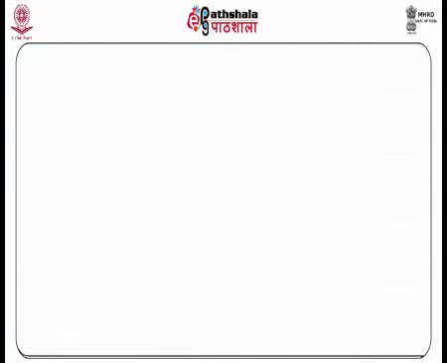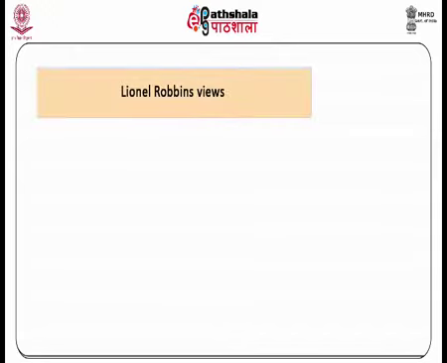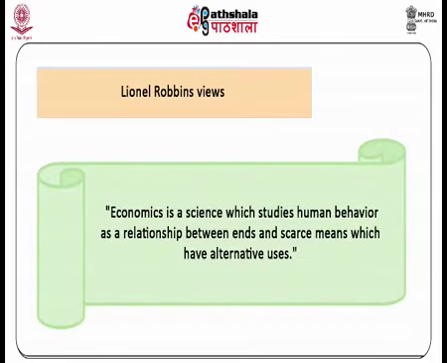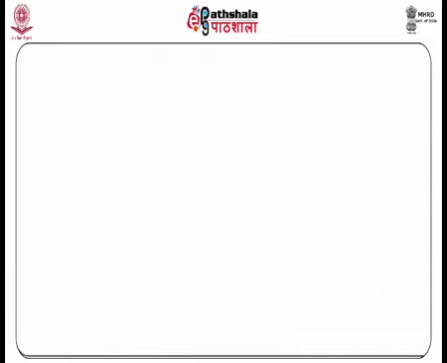In 1932, in his essay on the nature and significance of economic science, Lionel Robbins highlighted another aspect of the subject: choice under conditions of scarcity. Economics is a science which studies human behavior as a relationship between ends and scarce means which have alternative uses.